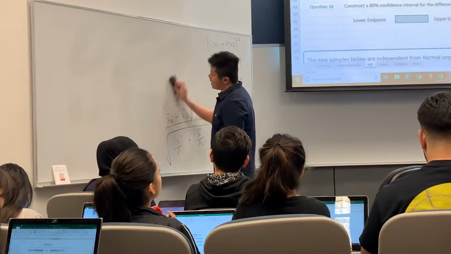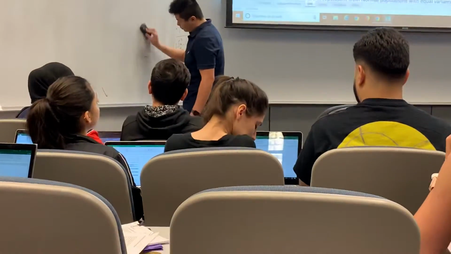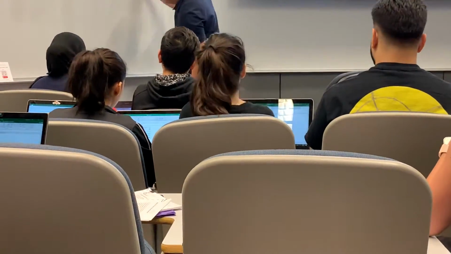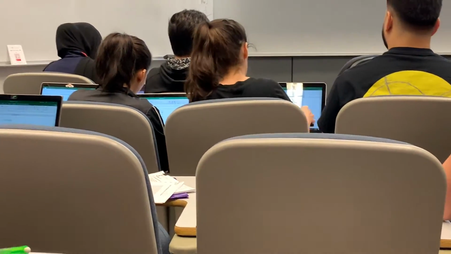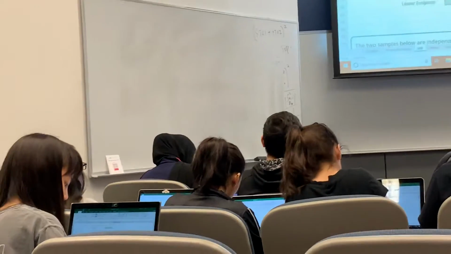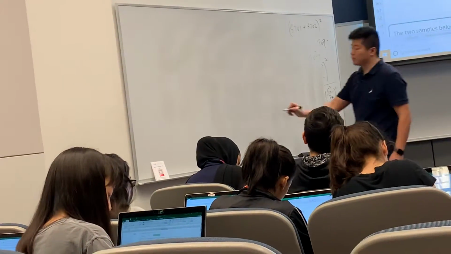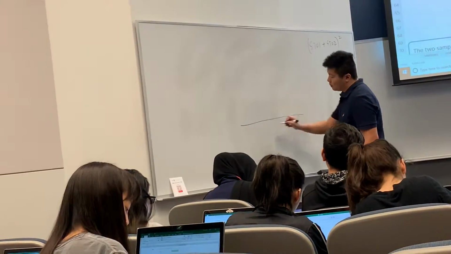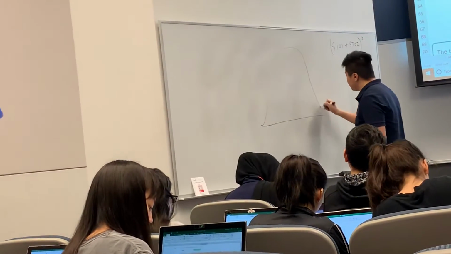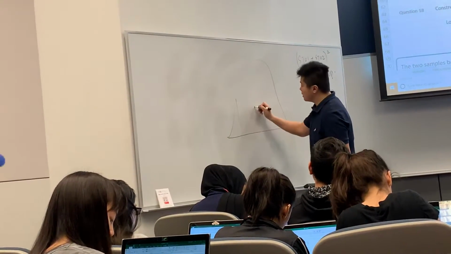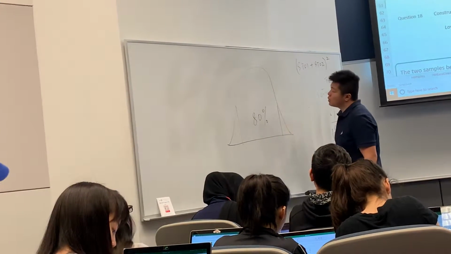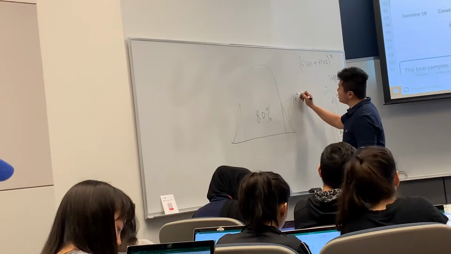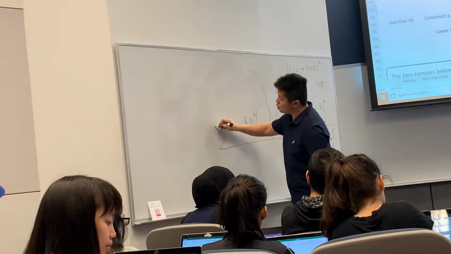So the first step is always to draw a picture. I have 80% in the middle, which means I have 10% in each tail.